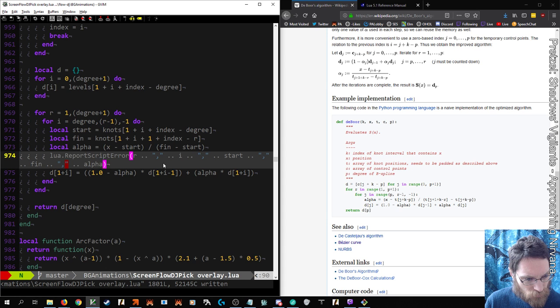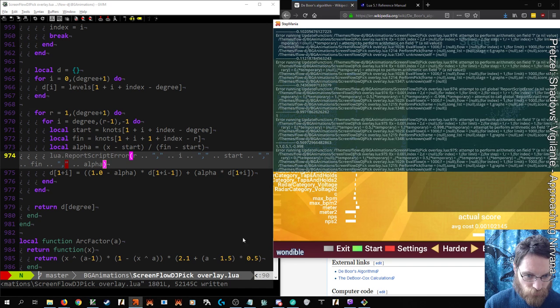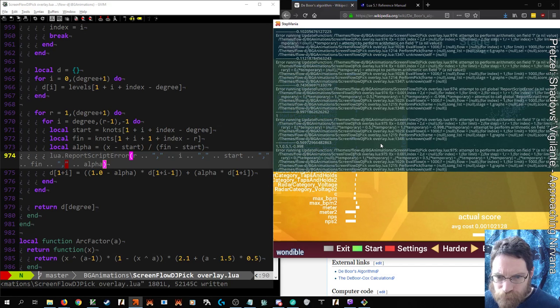Plus I, so 2 equals... I'm going to have to pull this all out into separate variables to figure out which index is actually failing. Oh, actually, it's sort of reporting all the individual values there, although a lot of them are temporary, so we don't have proper names for them.